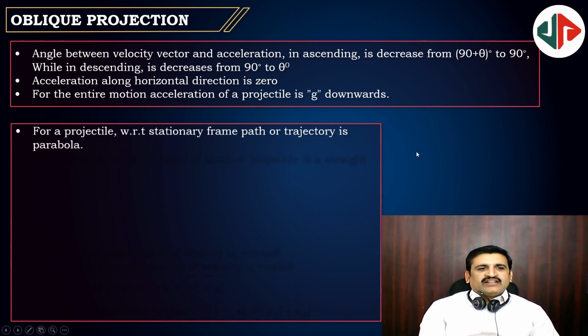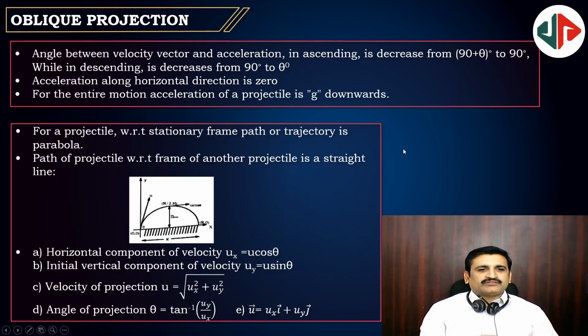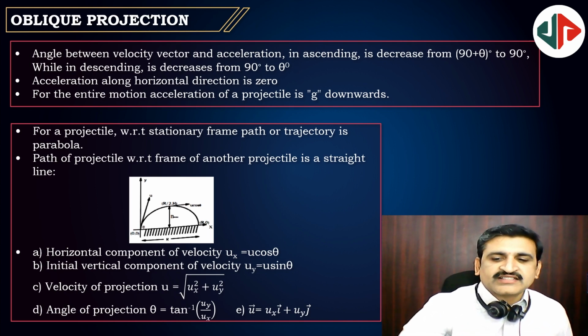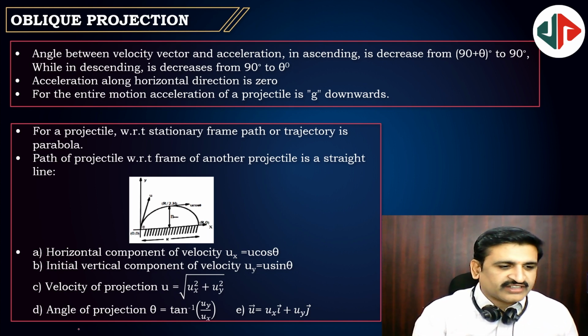For a projectile with respect to a stationary frame attached to the earth's surface, the path or trajectory is a parabola, and the equation is y equals ax minus bx square. Let me write it for your convenience.